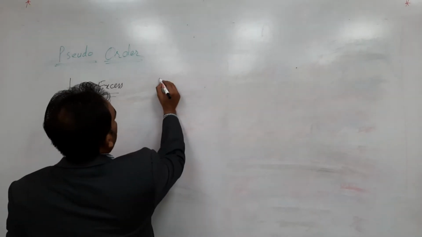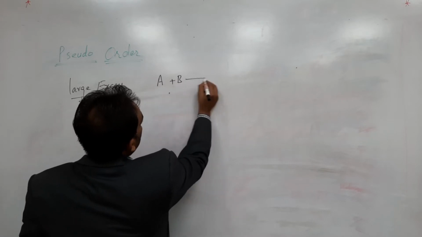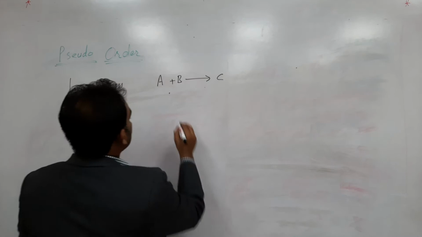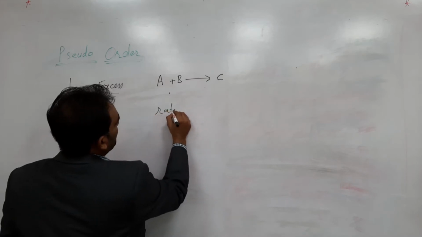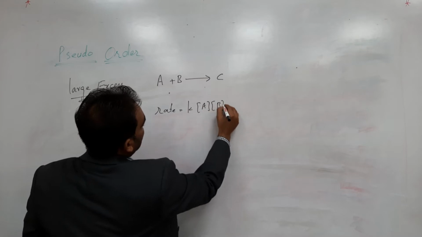Suppose we have reactants A and B, and they go to C. Its rate will be k[A][B].